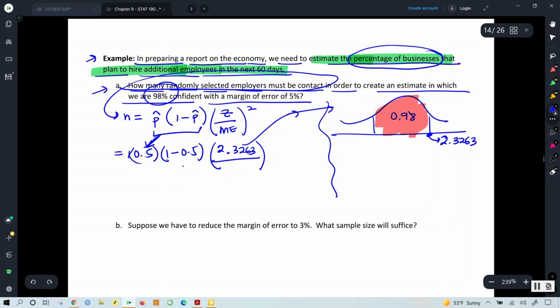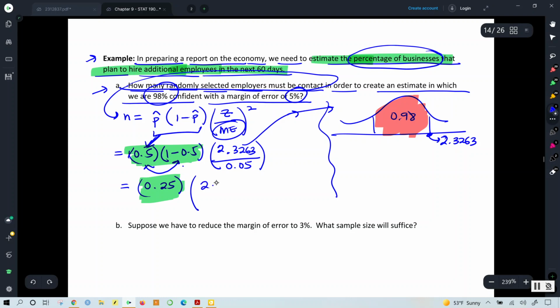2.3263 divided by the margin of error. The margin of error is 5%, so that is that. So we have 0.5 times 0.5, which is 0.25. You observe that this 0.25 will always appear whenever we do not have a prior estimate.